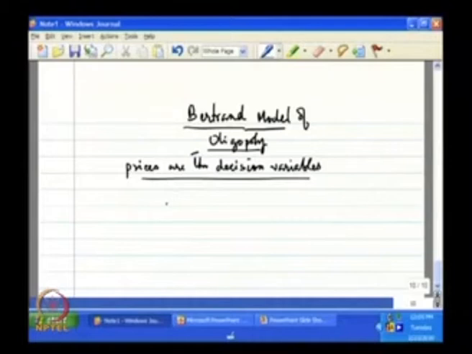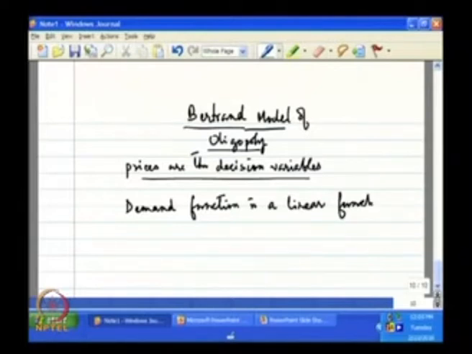So, like before, the demand function is a simple linear function given by q is equal to alpha minus p. Remember, this was the demand function.